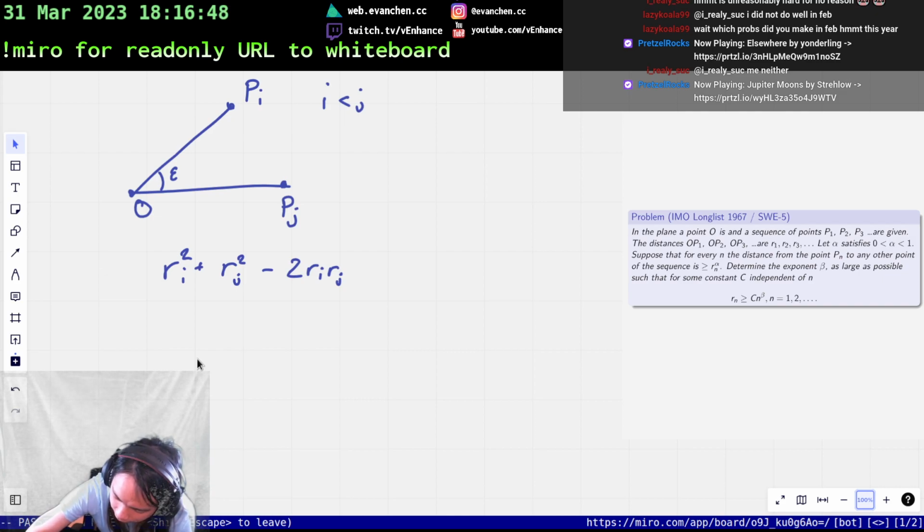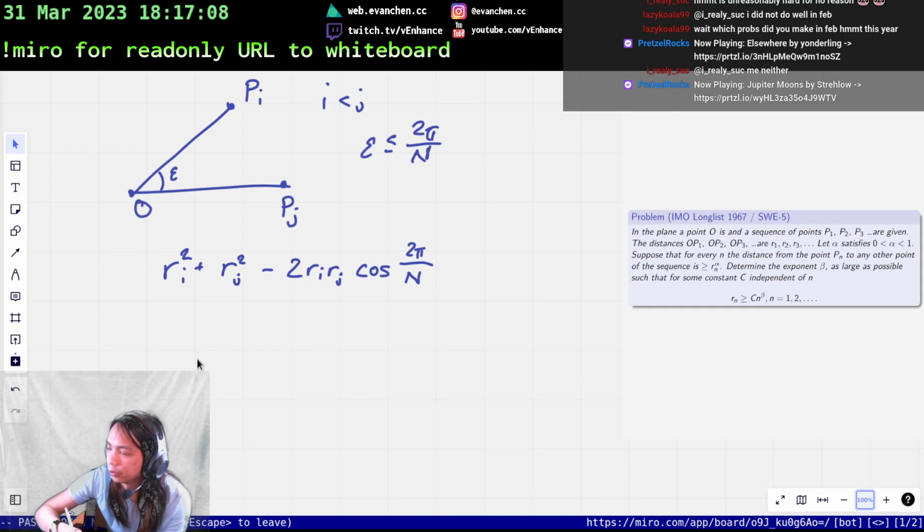This is what the law of cosines says. Let's say epsilon is less than or equal to 2 pi over N, some large capital N. So this is the distance between them, and we're told that this is also at least the smaller number to the alpha power.